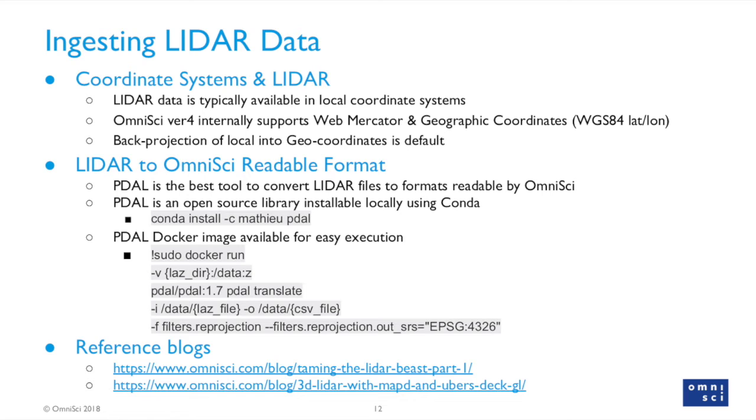Yes, please go ahead. When you were doing the cross filtering, are those cached data, or are you sending requests to the backend? Very good question. So the question is, as you're doing cross filtering, are we using cached data? No, we are not caching data.